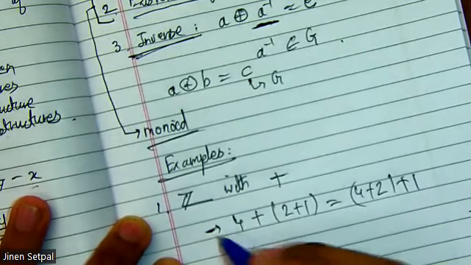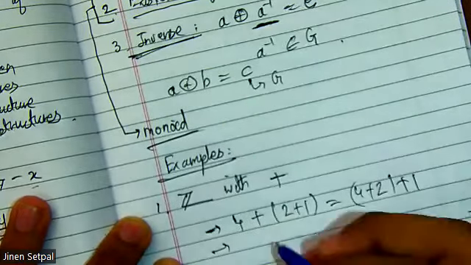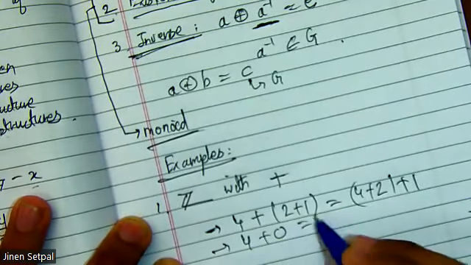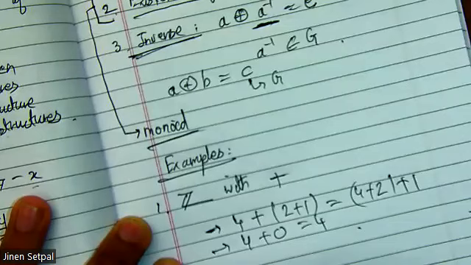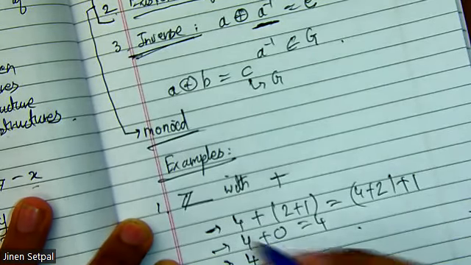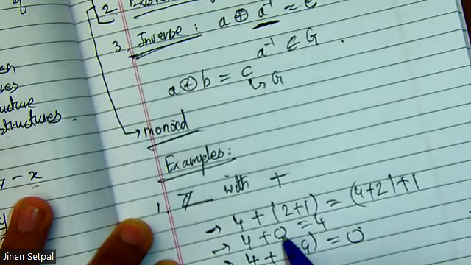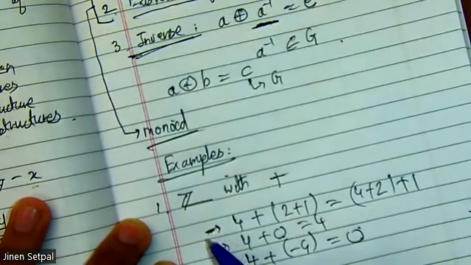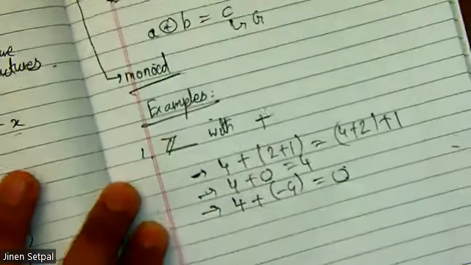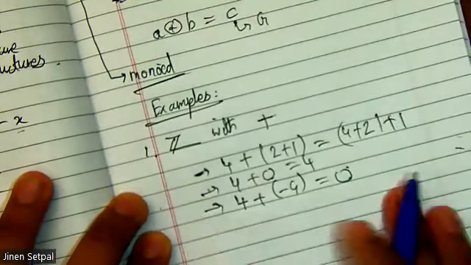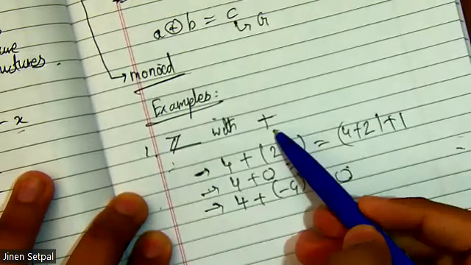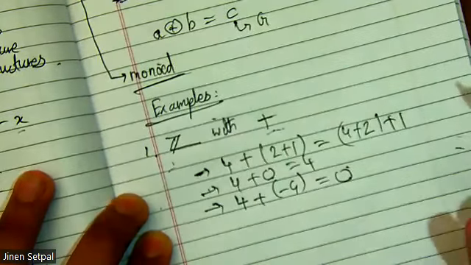That's our associative done. The existence of an identity: 4 plus 0 is equal to 4. That's our identity. And the existence of our inverse: 4 plus minus 4, which is our inverse, will give us our identity, which is 0. So we get these three properties fulfilled, which gives us the fact that Z with the operator plus is a group, right?